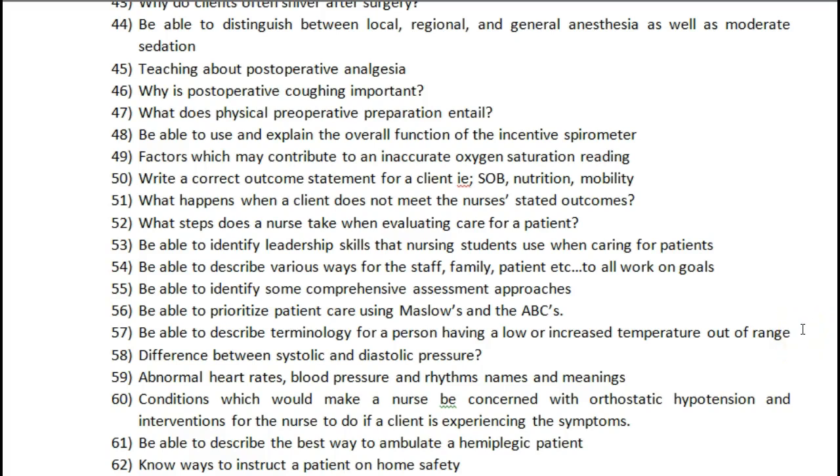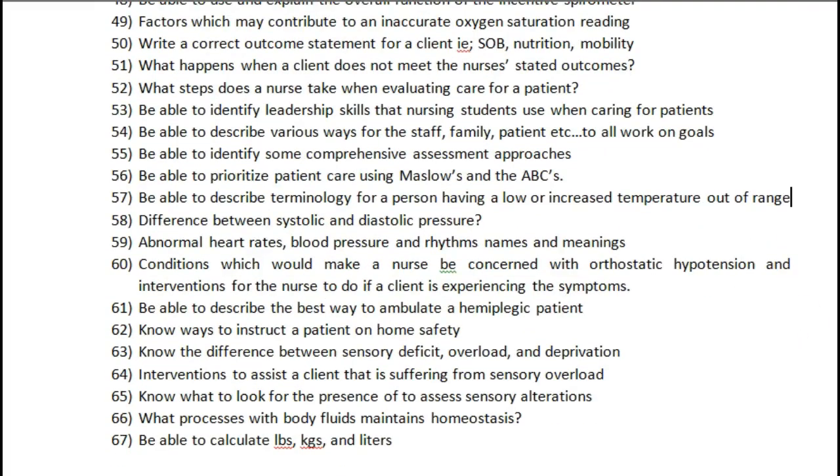If you see FUO on a chart, that's fever of unknown origin, and that's an acceptable thing to look at. Also, the difference between the systolic and diastolic pressure, that's a gimme. That's the pulse pressure.